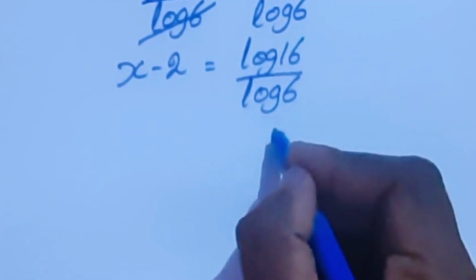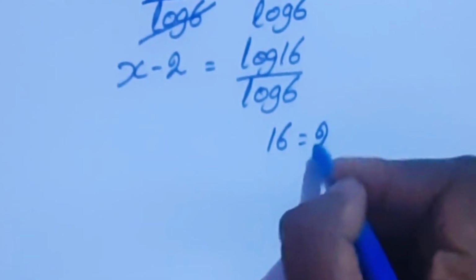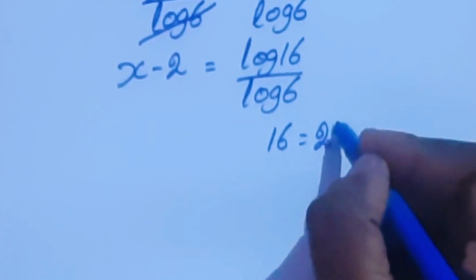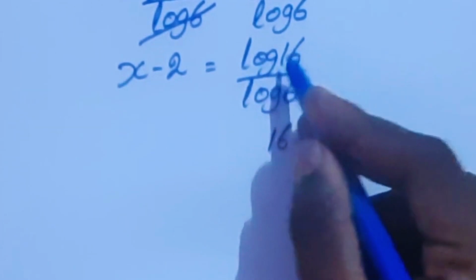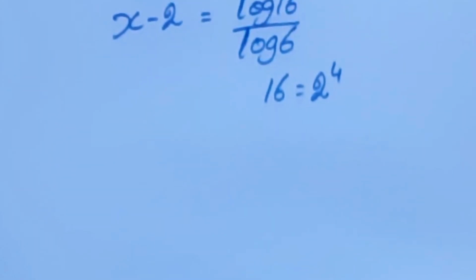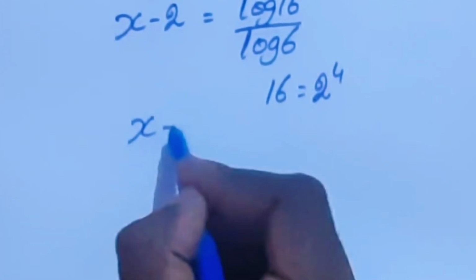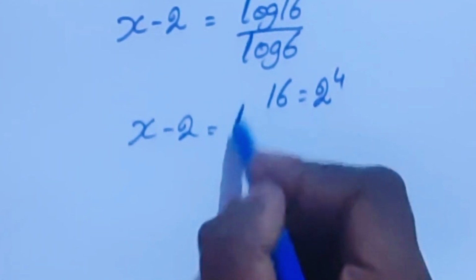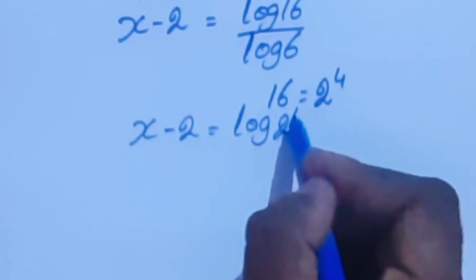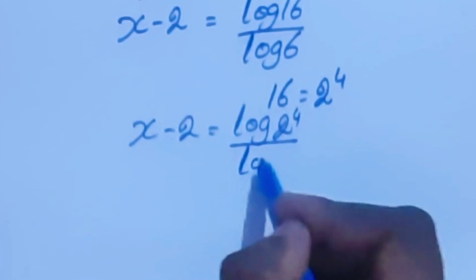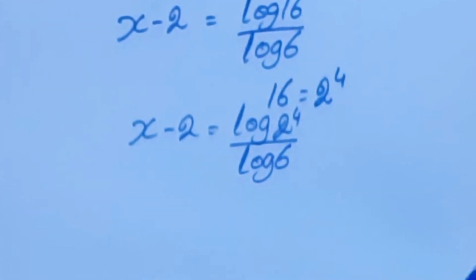Now this 16 can be written as 2 power 4. So this we are going to apply here. So x minus 2 equal to log 2 power 4 by log 6.